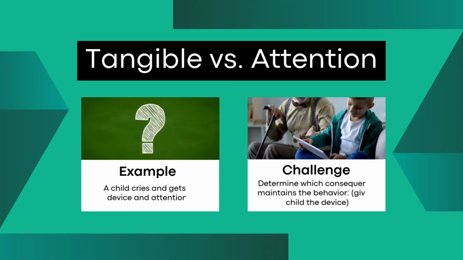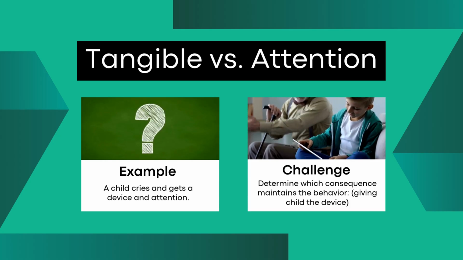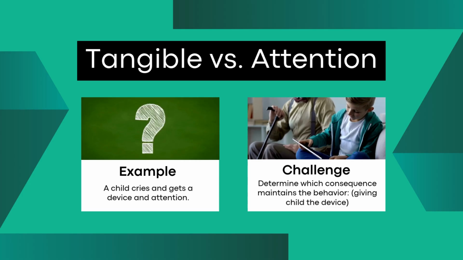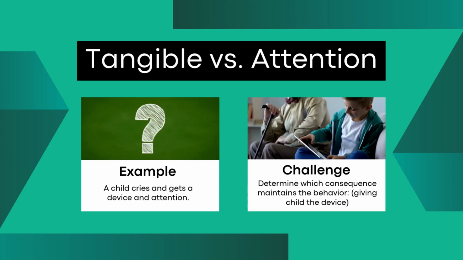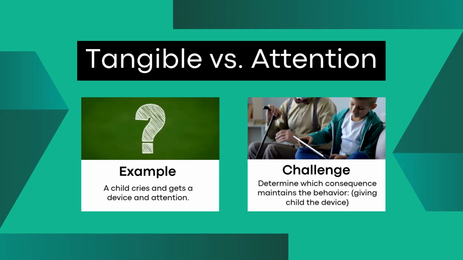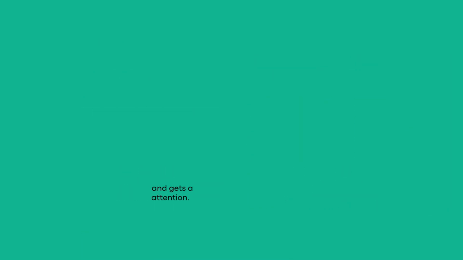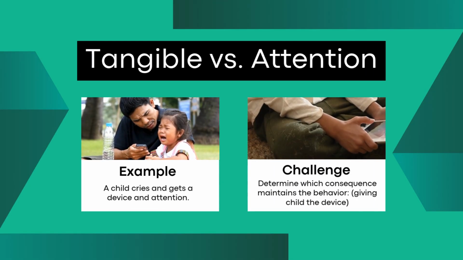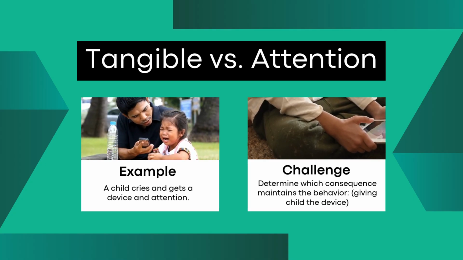Now let's talk about tangible versus attention. When a child cries and receives both a device and adult interaction, it can be tricky to pinpoint what the actual function of the behavior is. Was the behavior driven by a desire for the tangible item, the device, or was it to gain attention from the adult? This is where careful observation matters.